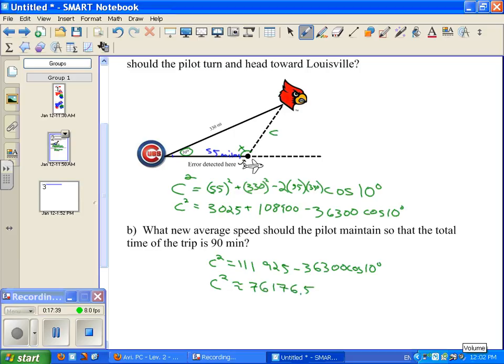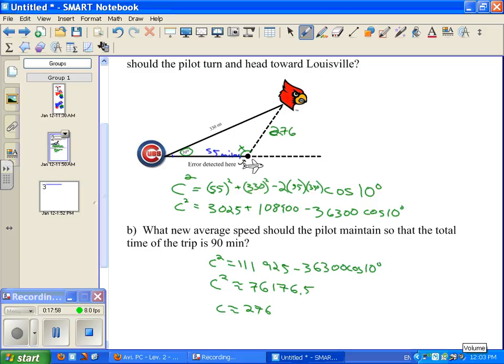Take the square root of it, and C comes out to be 276.0008. It might as well be 276. So this is 276 miles.